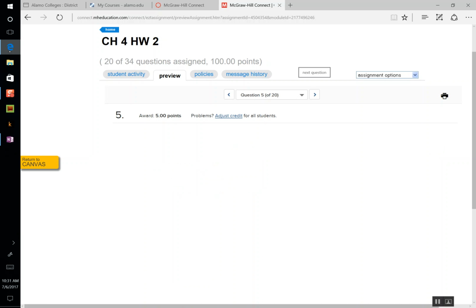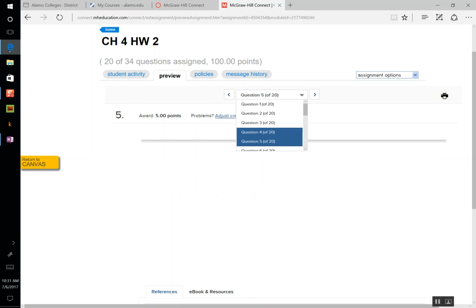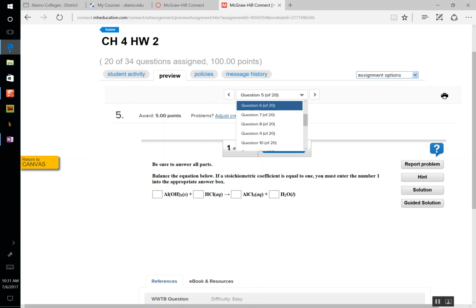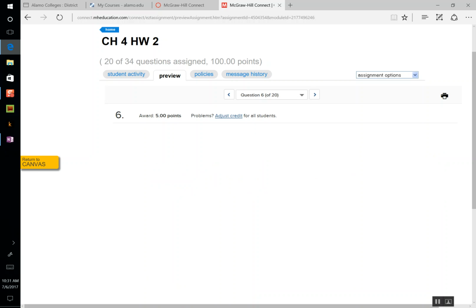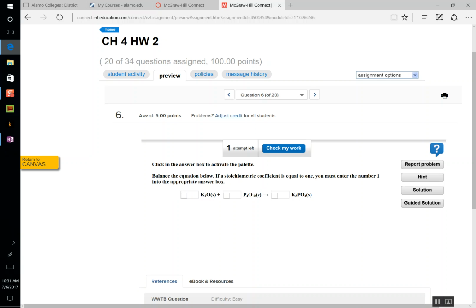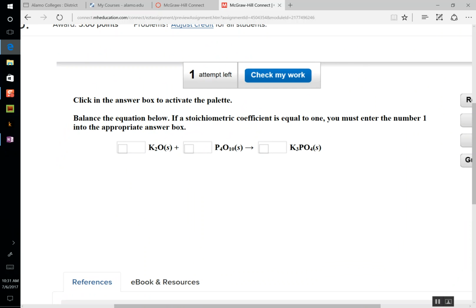Let's try to find Jose's. 6. Let's do this one. Let's try to balance this one. Balance the equation below. Potassium oxide plus tetraphosphorus decaoxide forms potassium phosphate.